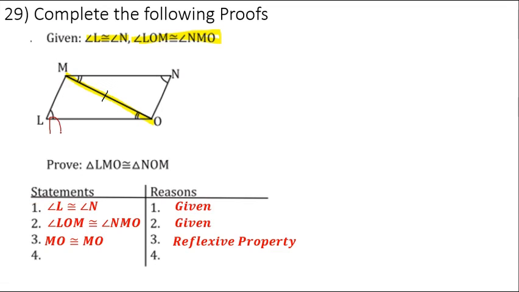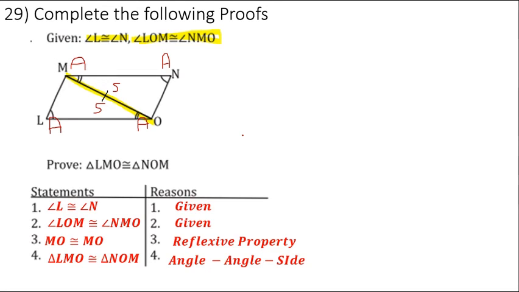Here's an angle, and then we have a side. Same thing over here: we have an angle, and then we have a side. So the property here, we say the triangles are congruent, LMO congruent to NOM by the angle side congruence property. Okay, so that's all our notes for today.